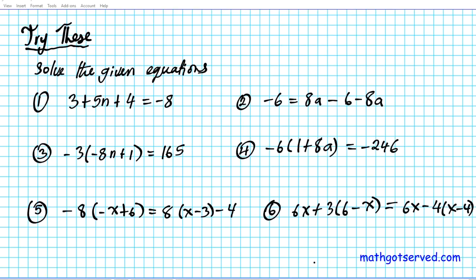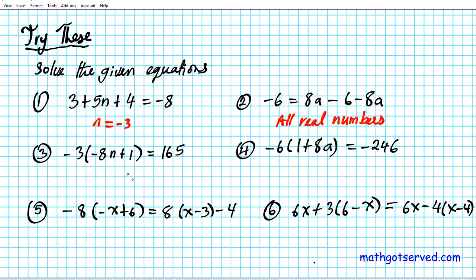Alright, let's assume that you had the chance to try out the problems. The answers are as follows. For question 1, n is equal to negative 3. For question 2, your solution is all real numbers, or you can say infinitely many solutions.